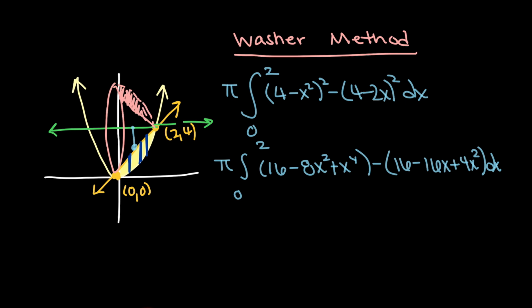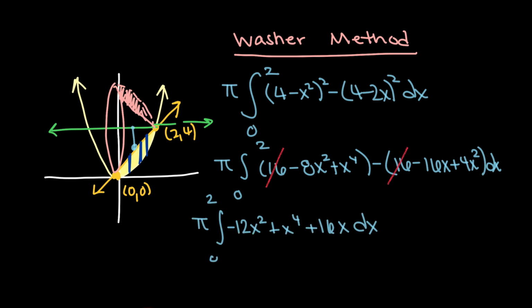To solve this integral, I would FOIL out the quantities squared, combine like terms, and then integrate. So (4 minus x squared) squared would be 16 minus 8x squared plus x to the 4th. And then (4 minus 2x) squared is going to be 16 minus 16x plus 4x squared.